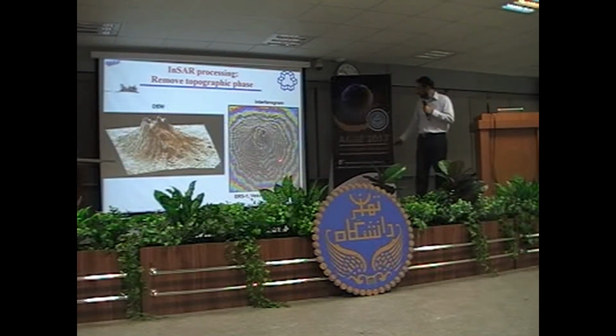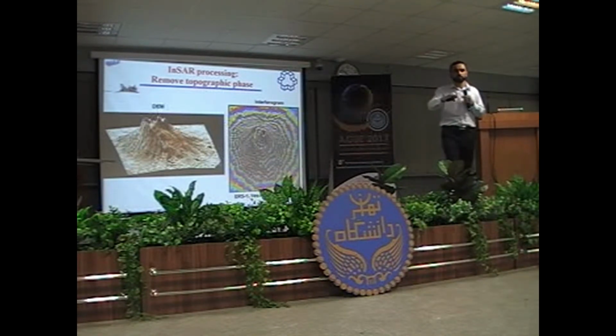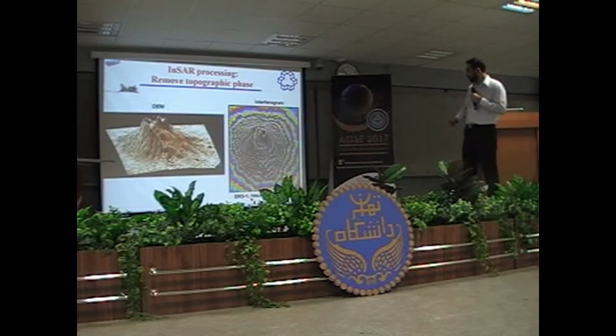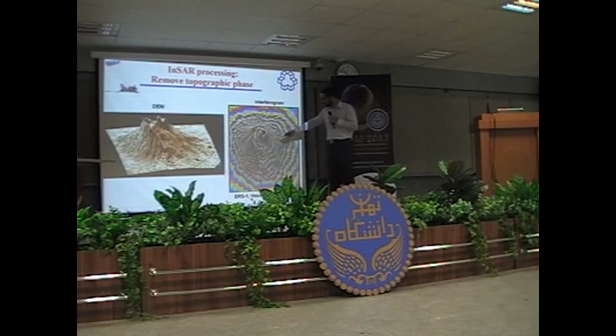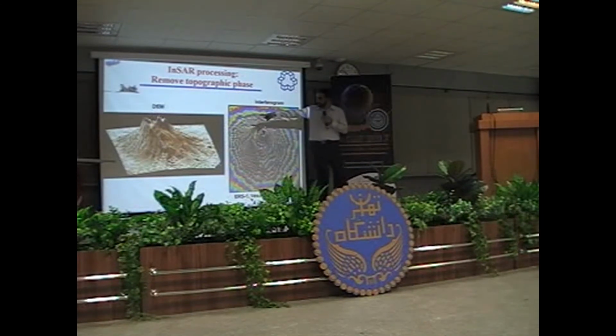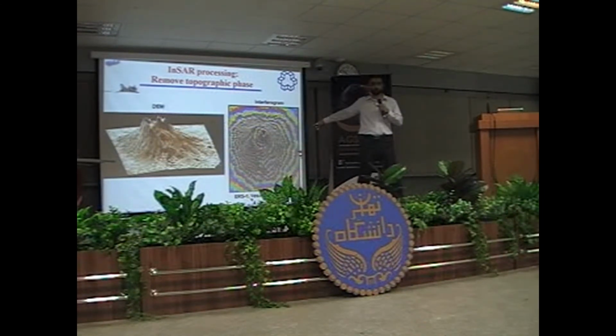So this is an interferogram. You see, this is the interferogram. And if we assume that there is not any effect of subsidence, these interferograms are interpreted as the height differences. And this is the related DEM that is generated from this interferogram.